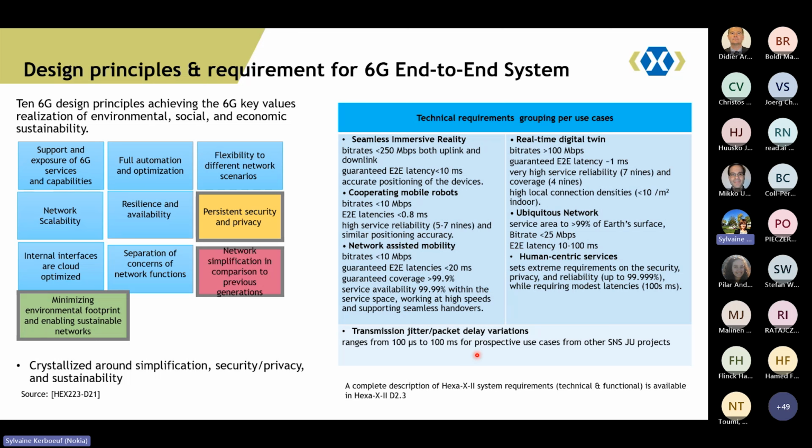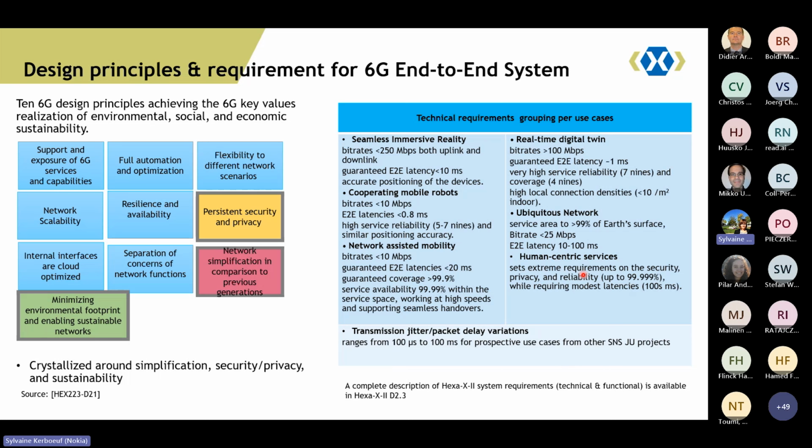We also added other technical requirements that come from our analysis from the first workshop of SNS-JU projects about determinism for the network, having this aspect of transmission jitter and packet delay variation.